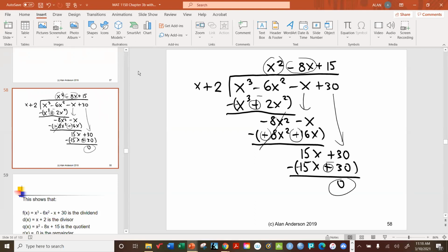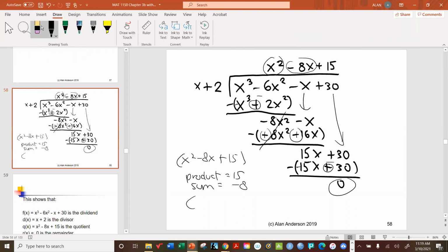Now, factoring this expression, we need to find two integers whose product is 15 and whose sum is negative 8. And so we'll speed this up just a little bit because we're running out of time.